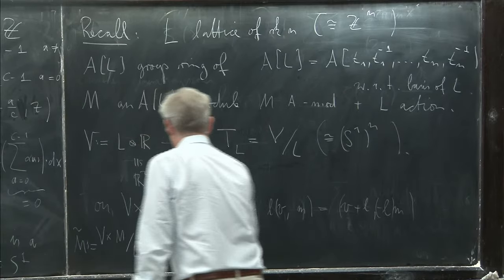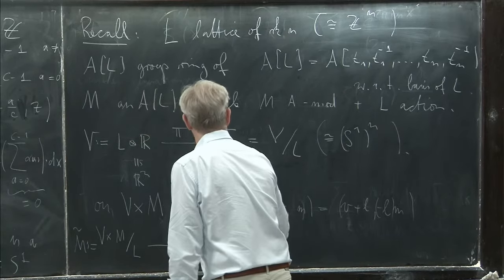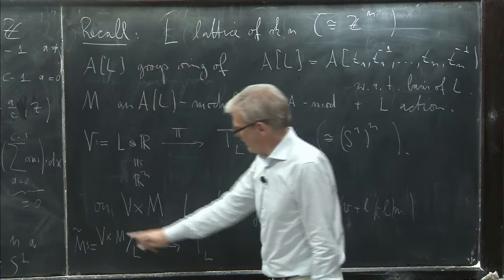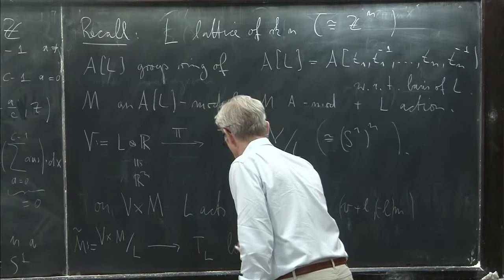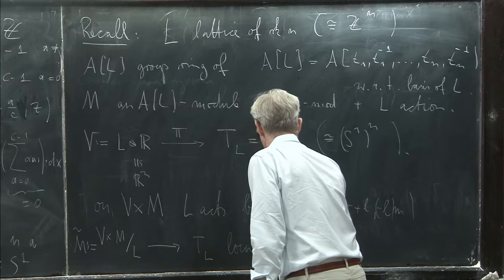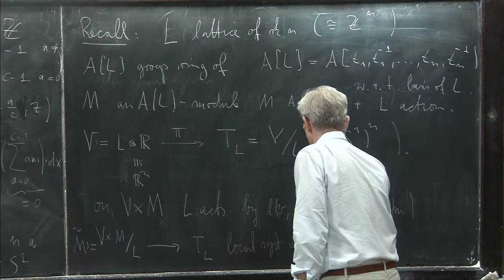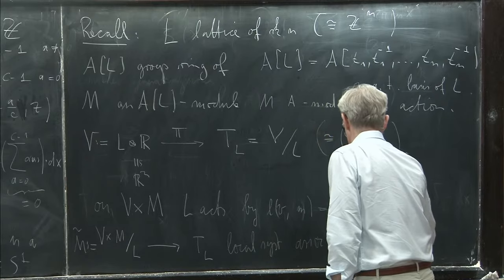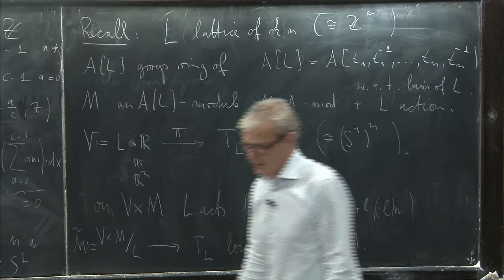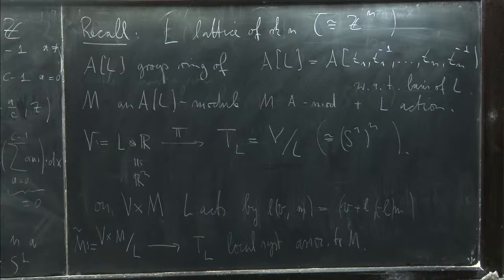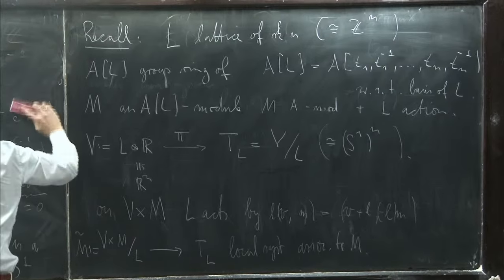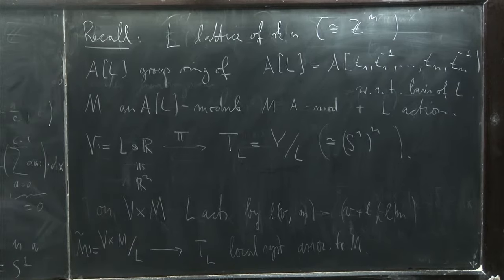That lives over this torus T_L, and that is what is called the local system associated to M. To be even more concrete, this is a locally constant sheaf, but you can describe it very explicitly.